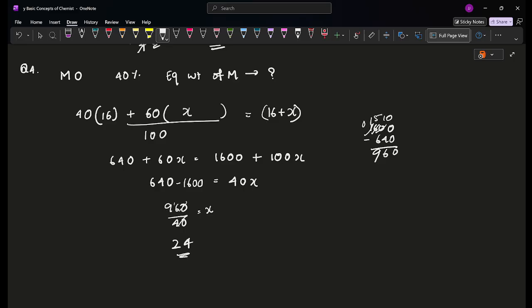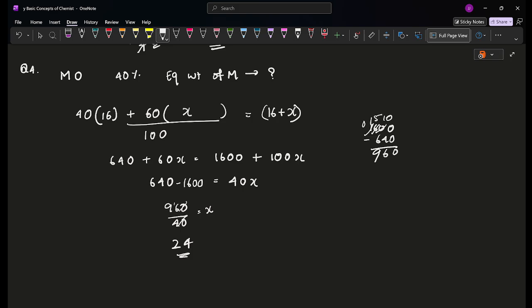They consider the whole mass to be 100, with oxygen having 40 gram and the metal having 60 gram. Equivalent weight is nothing but mass by n factor, right?